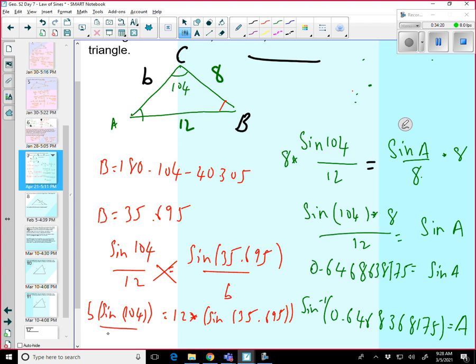Dividing by sine 104, I can find the value of b.